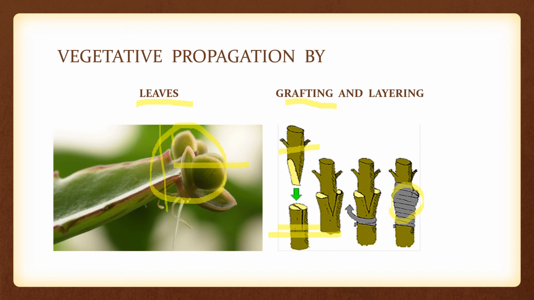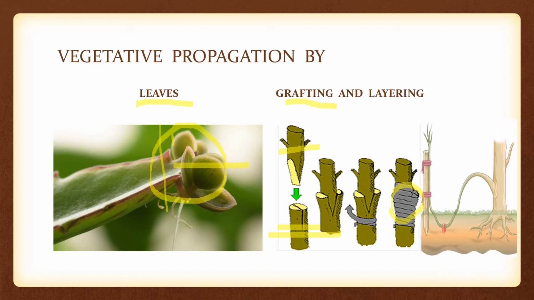Now, here you can see the other example of vegetative propagation by stem, that is layering. Layering is mainly done in plants like jasmine.